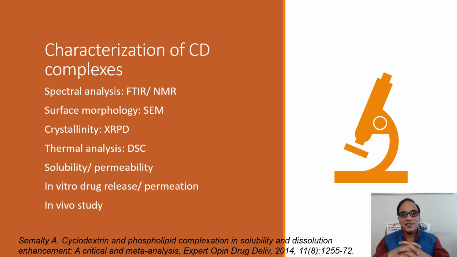We will also be discussing some new aspects: thermal analysis, DSC, differential scanning calorimetry, solubility, permeability, in vitro drug release, permeation study, and in vivo studies are the major characterization parameters. This characterization is not limited to this. Depending upon the complex you are preparing and your desired characteristics, the characterization parameters may be more, but these are the most common and general characterization parameters for cyclodextrin complexes.